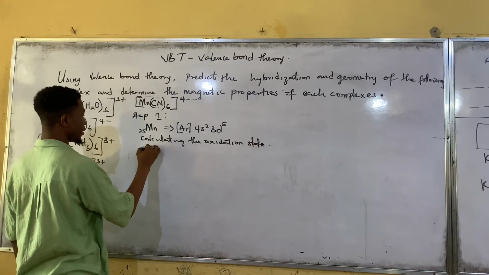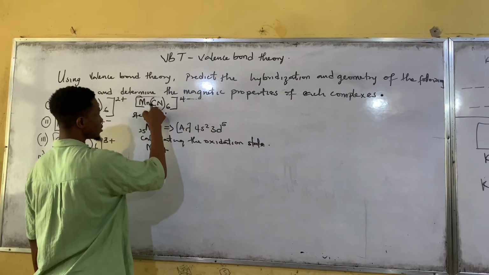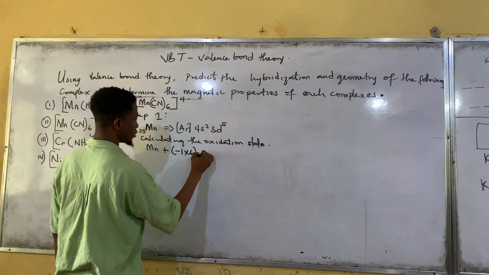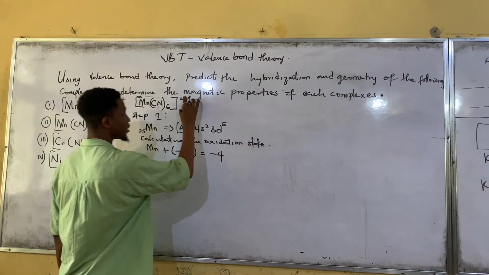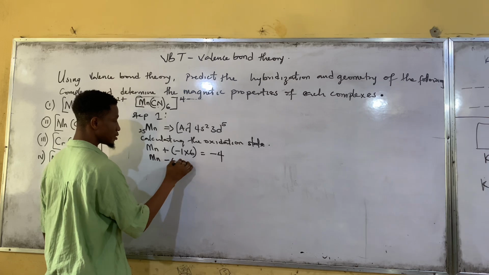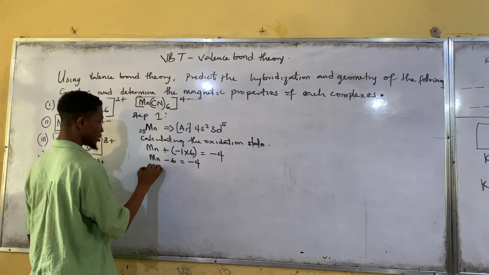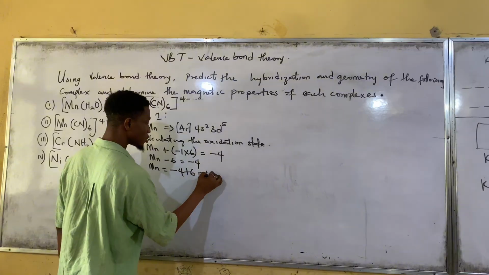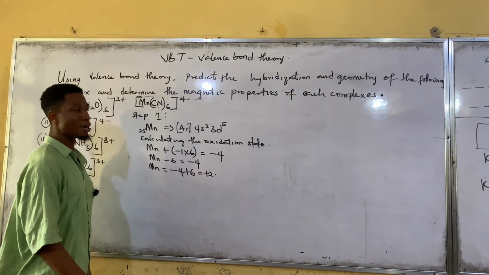Mn plus CN is -1, so that's -1 times 6, equals -4, because -4 is outside here. So Mn minus 6 equals -4, so Mn equals -4 plus 6 equals what? So Mn is plus 2, right?